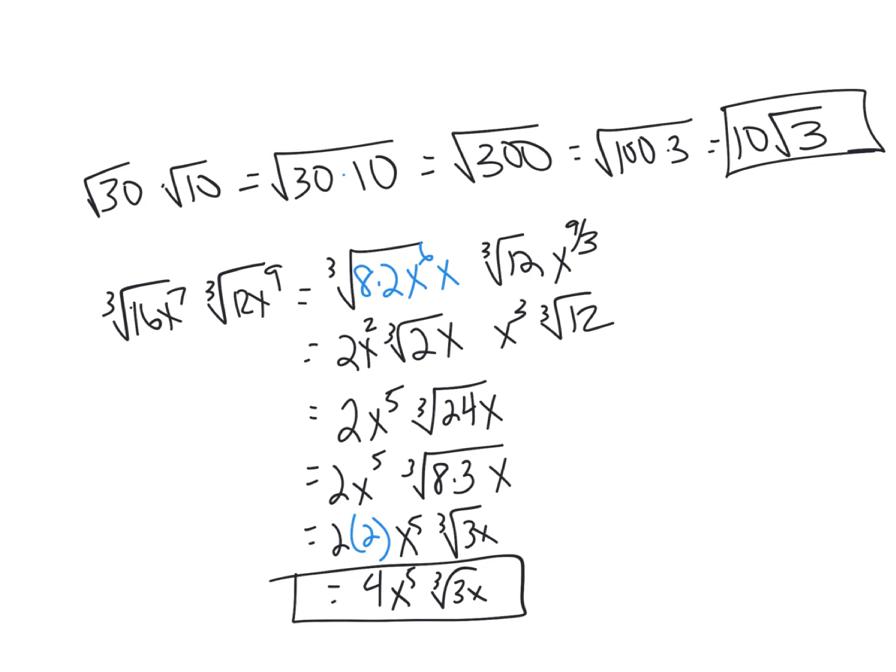Let's take a look at another one. What if we have 2 square root 18 plus 3 square root 2 plus square root 162? So how do we simplify this one?